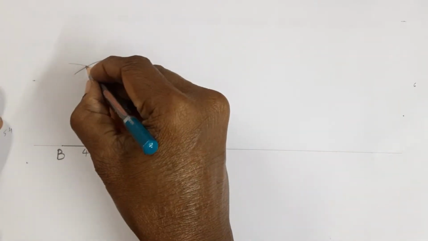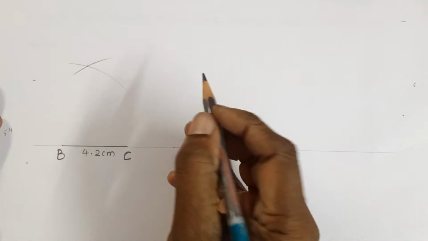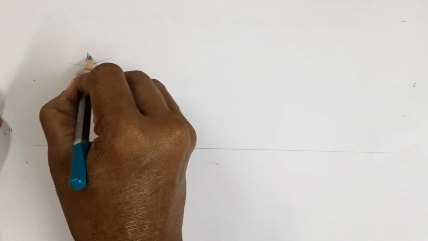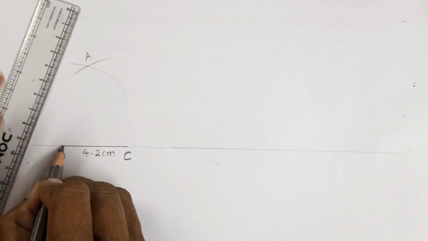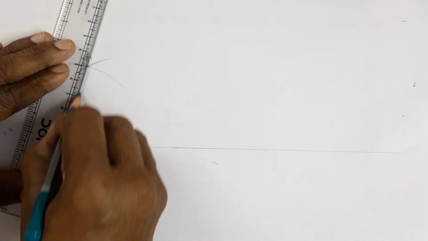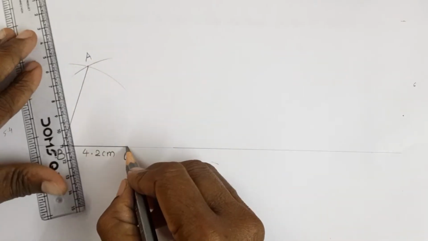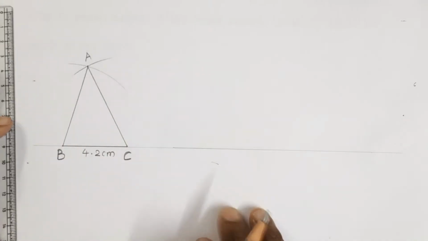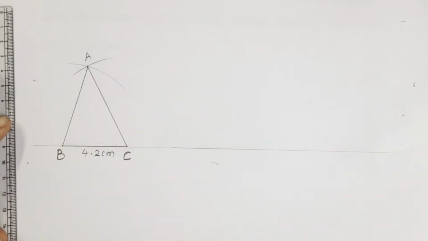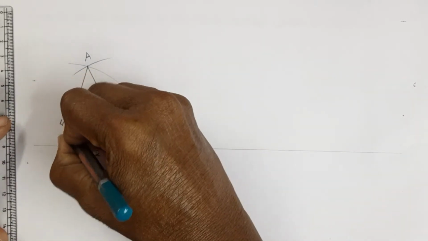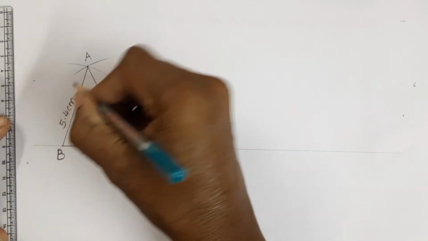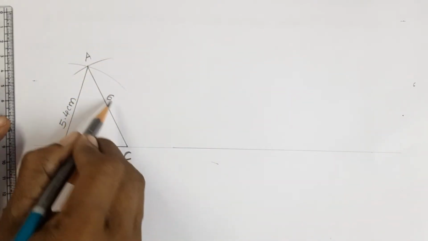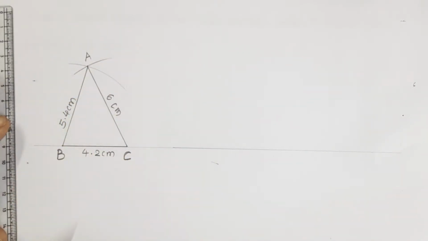Then here students, this intersecting point is nothing but the point A, and here join AB, then here join AC, this way. So there is a formation of triangle ABC.